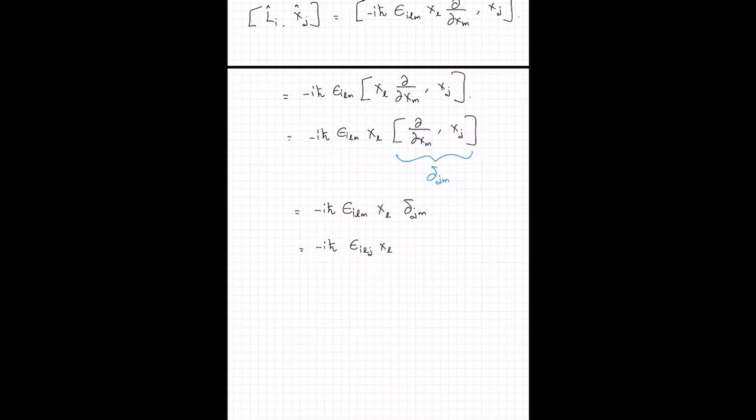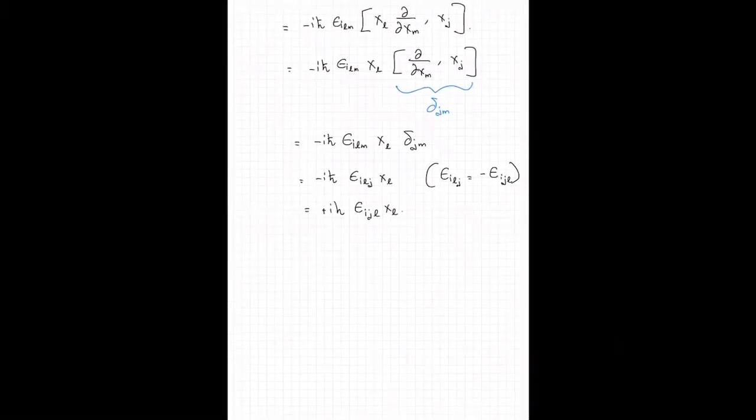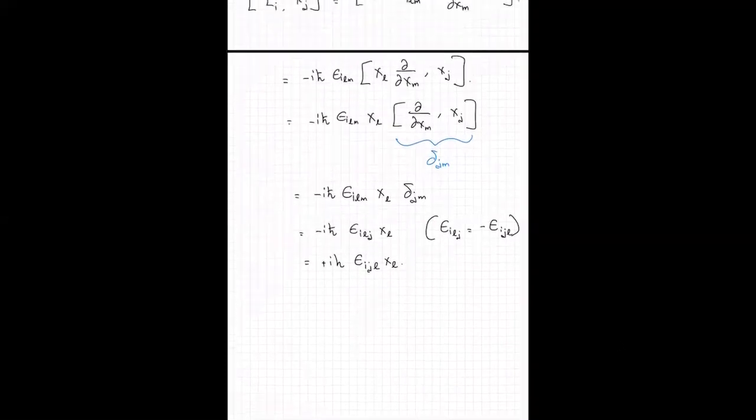And now I will switch the l and the j in the epsilon. So epsilon ilj is equal to minus epsilon ijl. So the minus and minus here becomes plus: epsilon ijl xl. Remember that the l here is summed over. Any repeated index is summed over.